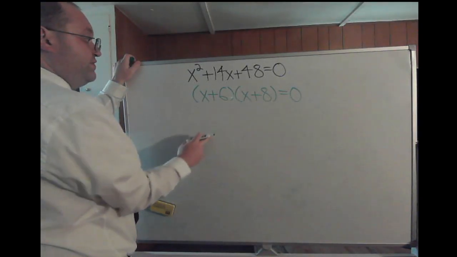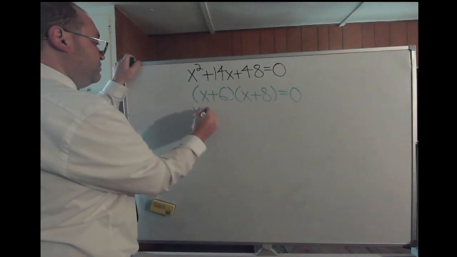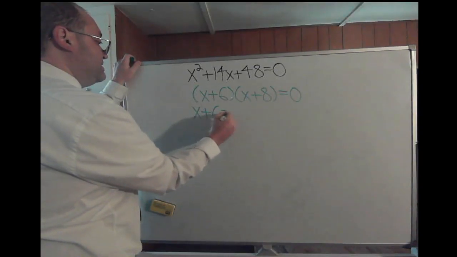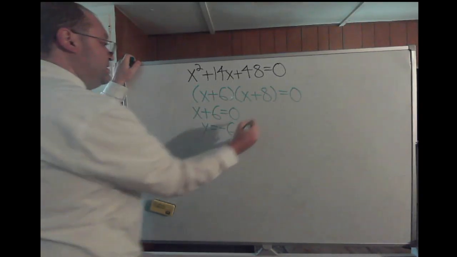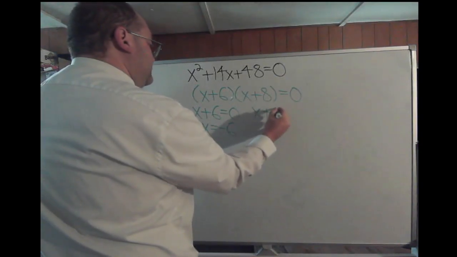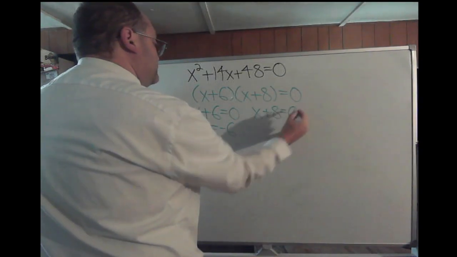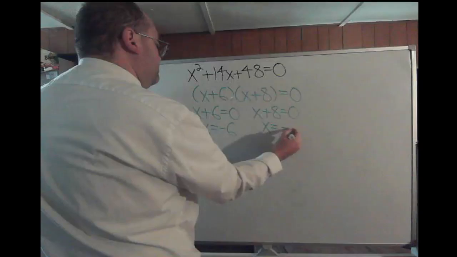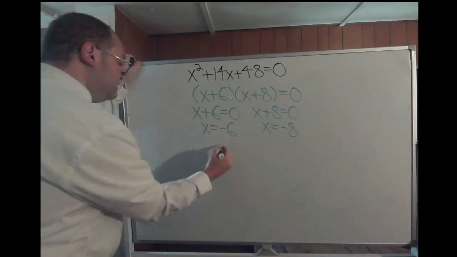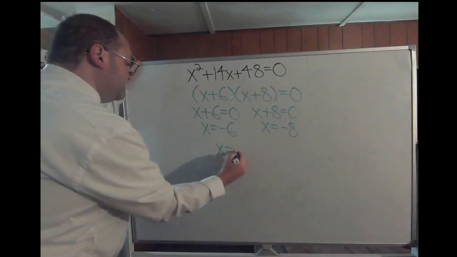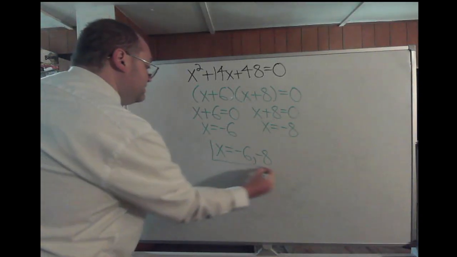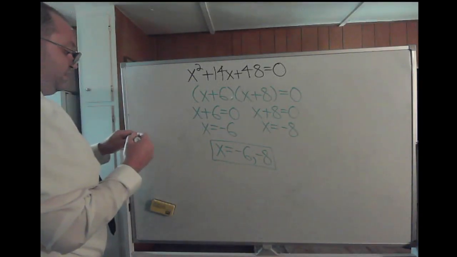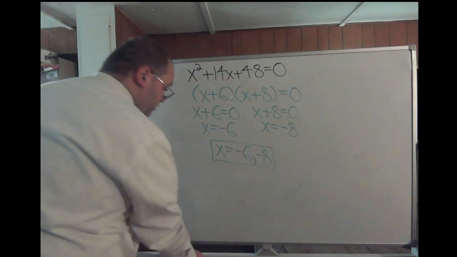Now you take each of your factors individually, set them equal to 0. x plus 6 equals 0, so x would equal negative 6. Then you take your x plus 8, set that equal to 0. x would equal negative 8. So the solutions you should get for this are negative 6 and negative 8. Those will both give you a value of 0 for the equation.